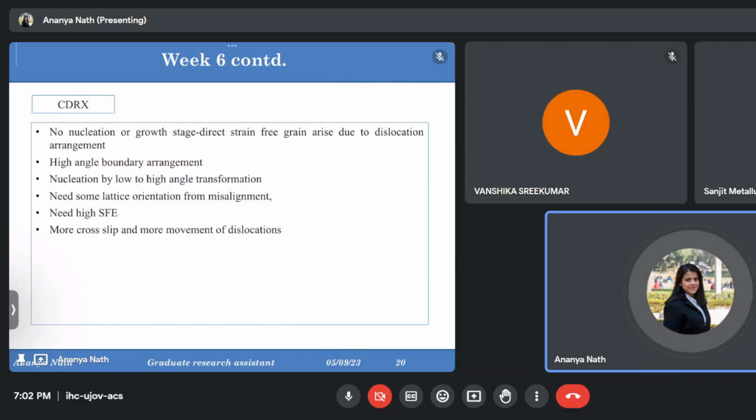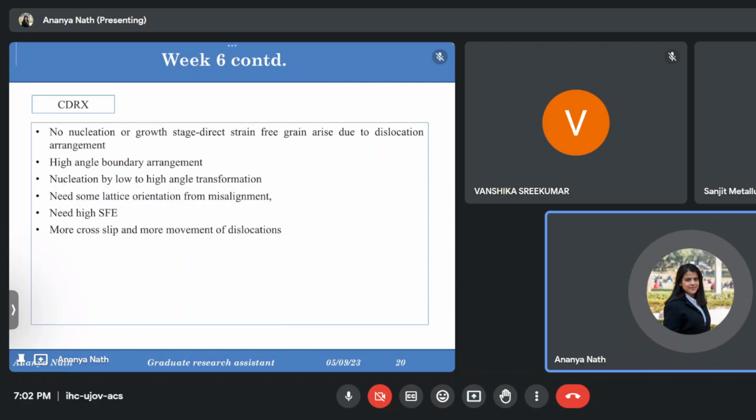So anyhow, if we are getting high SFE, means the SF stacking fault width is low. Obviously, the stacking fault width will be low because we have continued doing the cold working. So due to that longer cold working, we'll be having a new number of dislocations.